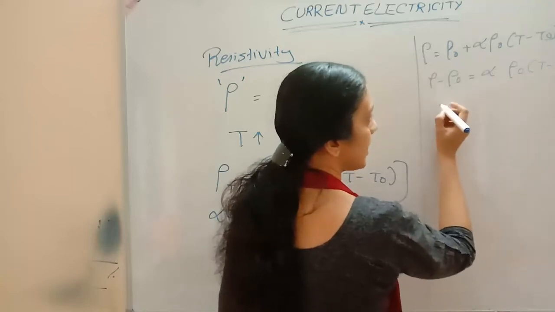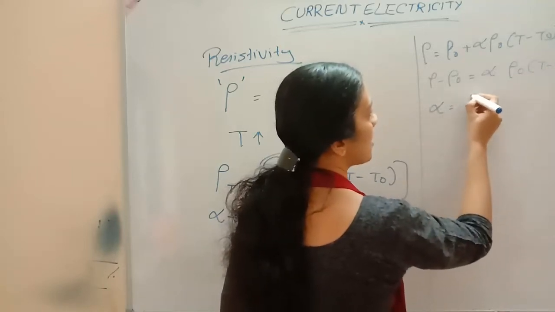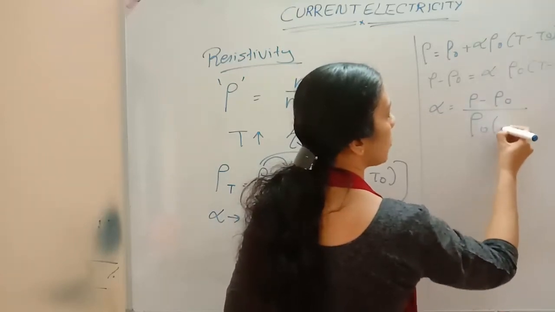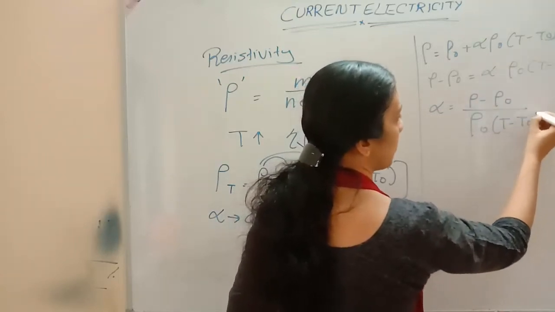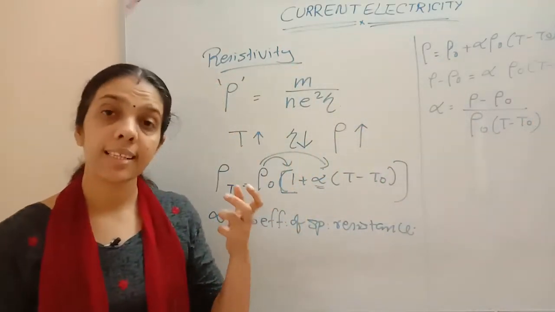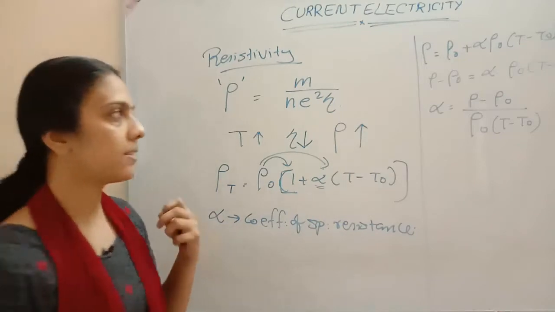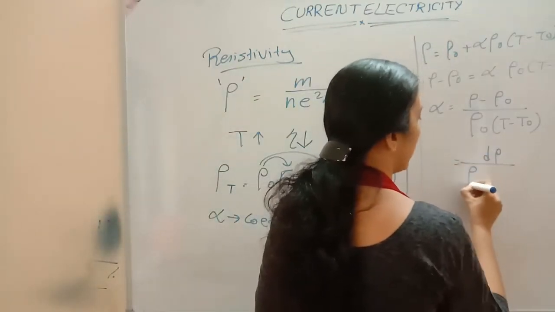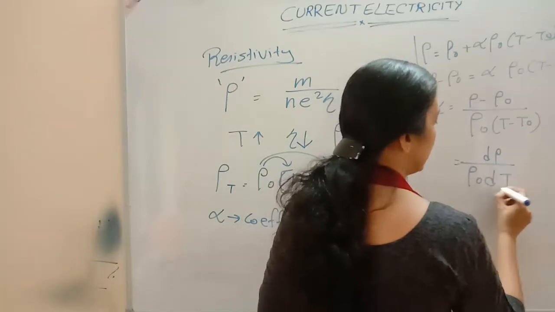Therefore, alpha equals rho minus rho 0 divided by rho 0 into T minus T0. Clear? Rho minus rho 0 is the change in specific resistance, that is d rho divided by rho 0 into dT.